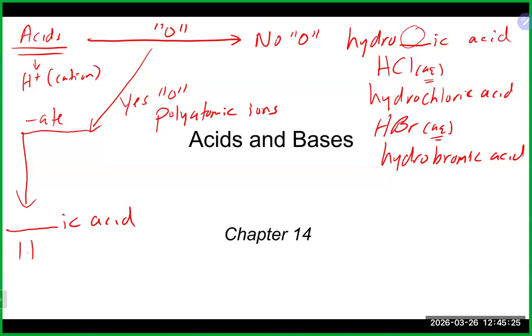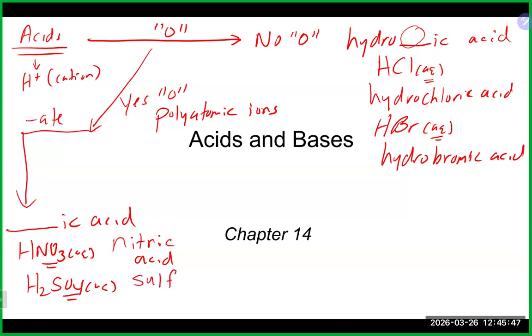So if you have HNO3, that is NO3-, which is nitrate. This would be nitric acid. You have H2SO4. SO4 2- is sulfate. This will be sulfuric acid.